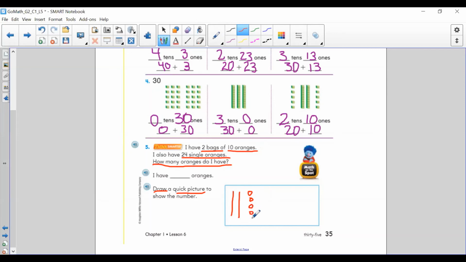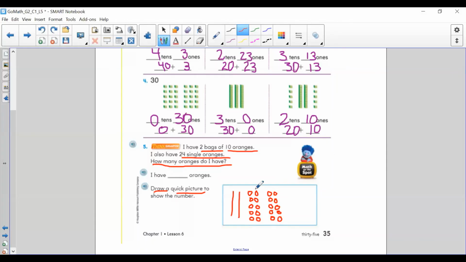So what I do, I put mine in a line of 5, because if I put a line of 5 and then another line of 5 next to that, I'll know that this group right here is 10. And so I've got 10 drawn. Now, if I draw 10 more, that will be 20, and I have 24 that I have to draw. Then I'll only have to draw 4 more. So go ahead and draw those.